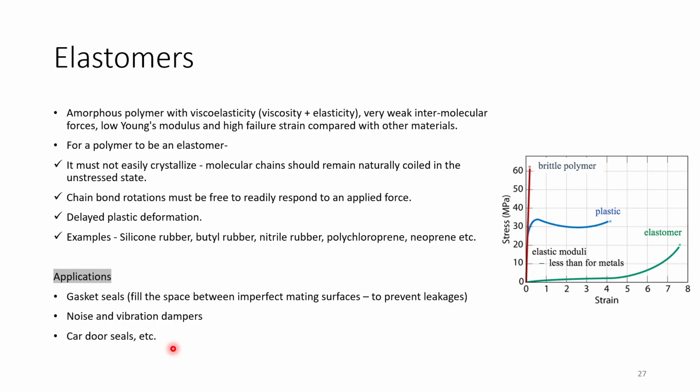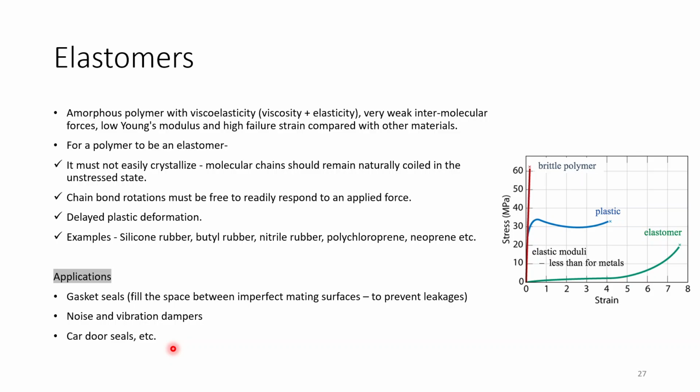They have very weak intermolecular forces, low Young's modulus and high failure strain compared with other materials. For a polymer to be an elastomer, it must not easily crystallize and the molecular chain should remain naturally coiled in the unstressed state.